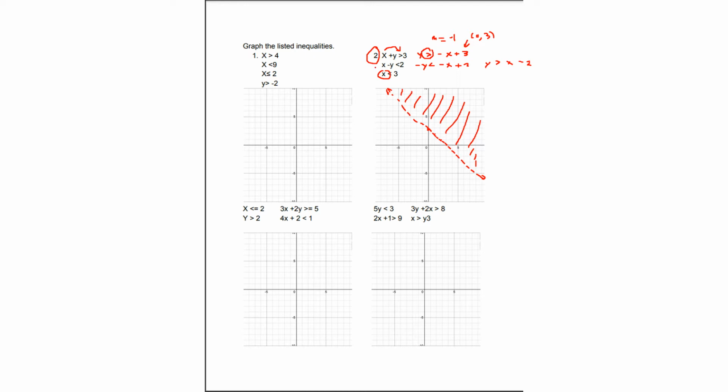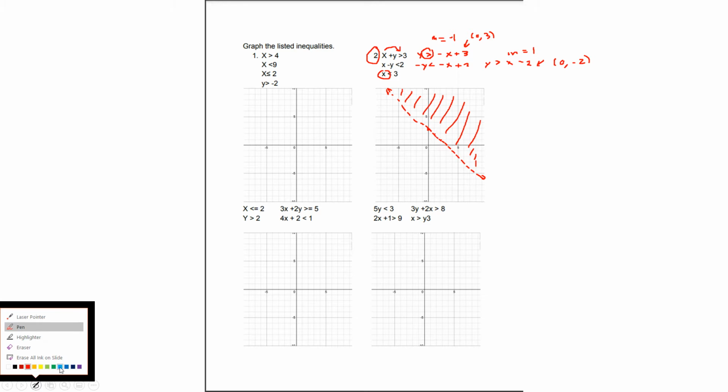Okay, and to graph this next inequality right here, y is greater than x minus 2, do the same thing as here. Start with the y-intercept, which is just (0, negative 2). And the slope is 1. So here, graph the y-intercept, slope is 1, plot up a few points, and just like the line before, it's just a greater than symbol.